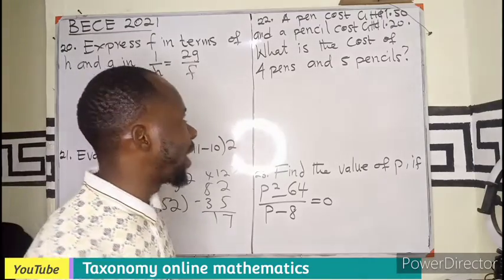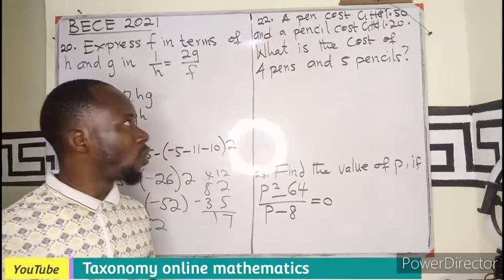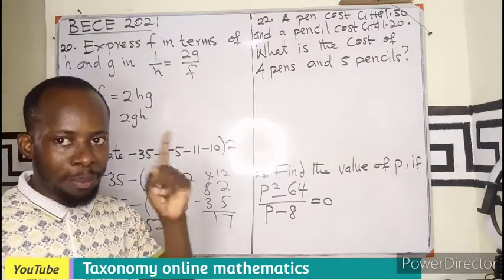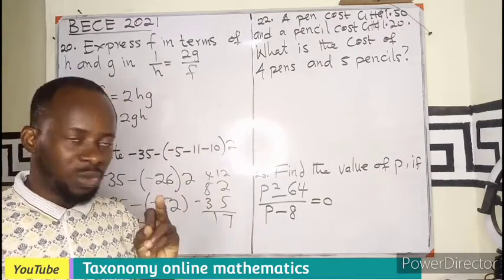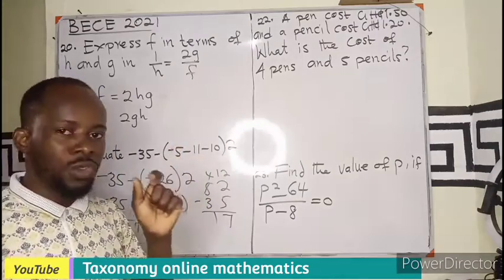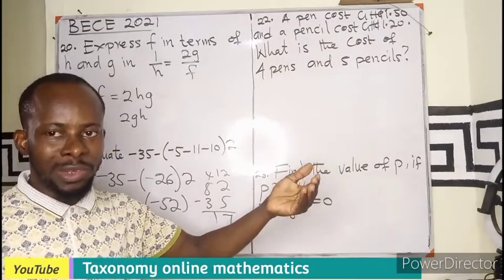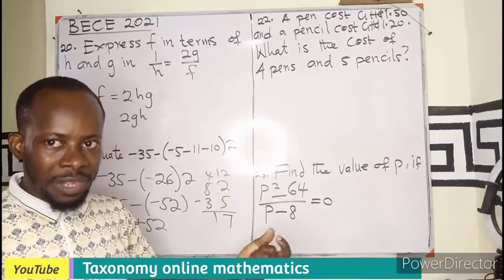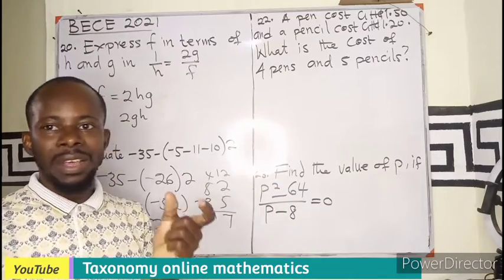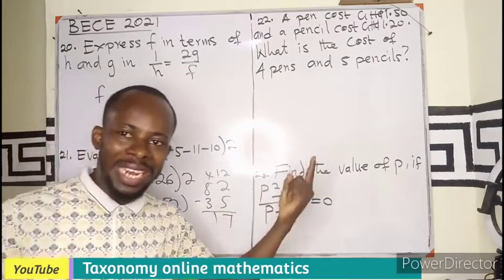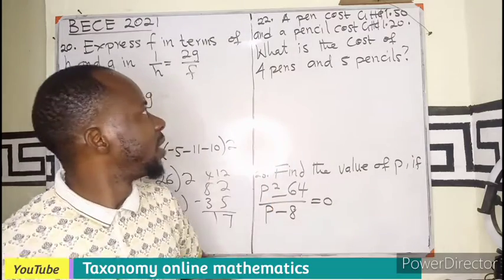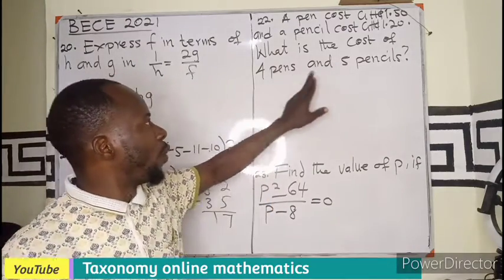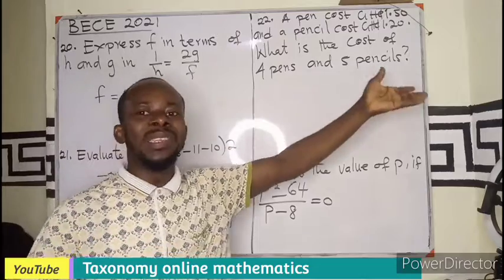Good. Question 22. A pen costs 1 cedi 50 pesewas. 1 pen, 1 cedi 50 pesewas. And a pencil costs 1 cedi 20 pesewas. So if I have 1 cedi 50 pesewas plus 1 cedi 20 pesewas, I'll be buying a pen and a pencil. Now we want to know how much 4 pens and 5 pencils will cost.